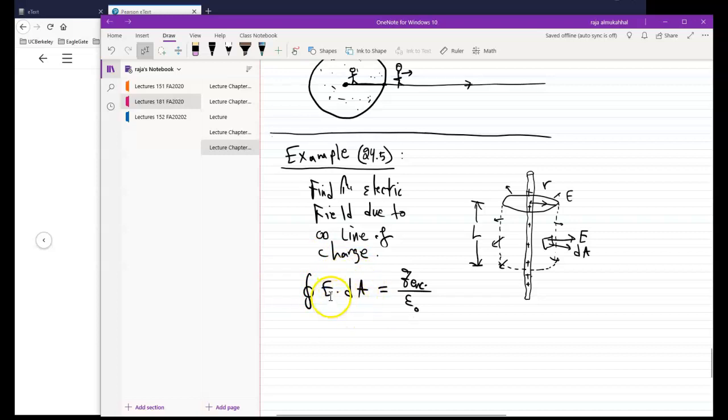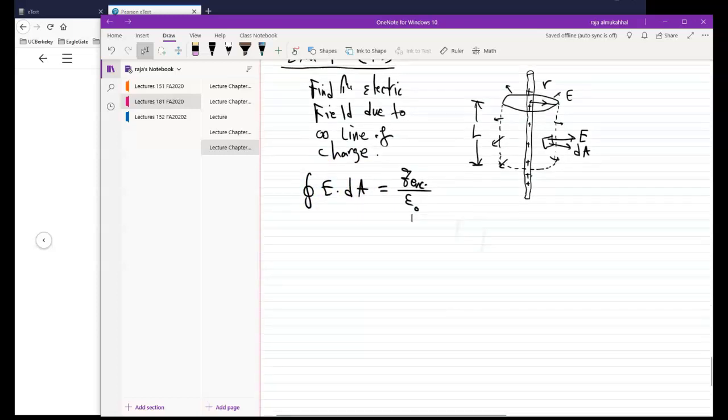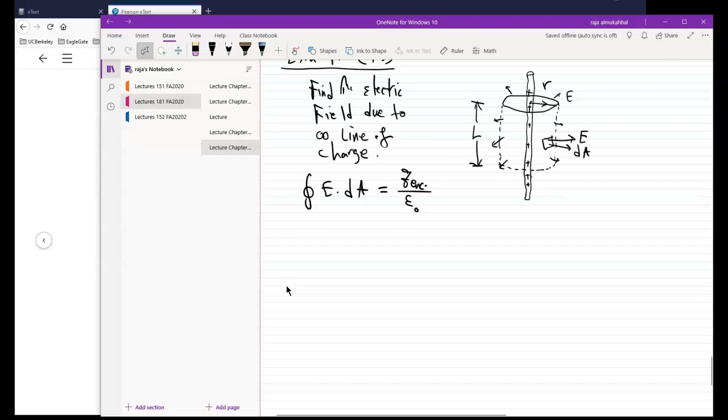And the electric field here is a constant, so I can take it out, just like that. Let me draw it a little bit better. There we go. And this is the integral of dA equals Q enclosed over epsilon naught.